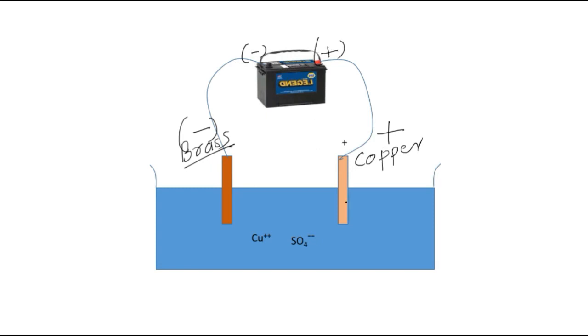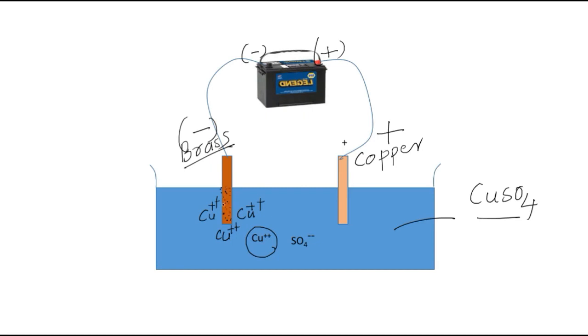So according to the properties of charges, unlike charges attract. So the copper which is there in the copper sulphate solution will start moving towards the brass, okay? And you will find all these copper plus plus will sit on this brass.